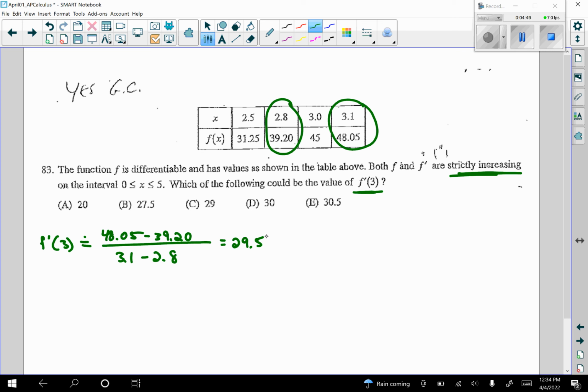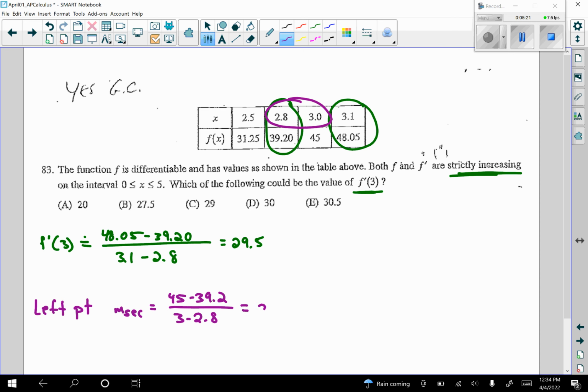Now, if you notice, that isn't an option. So what we're going to do is actually do this 2 more times. We're going to figure out the slope using those 2 points here. So we'll call this the left point, trying to kind of close in here. And we would find the slope of the secant line there, so that would become 49 minus 39.2 over 3 minus 2.8.